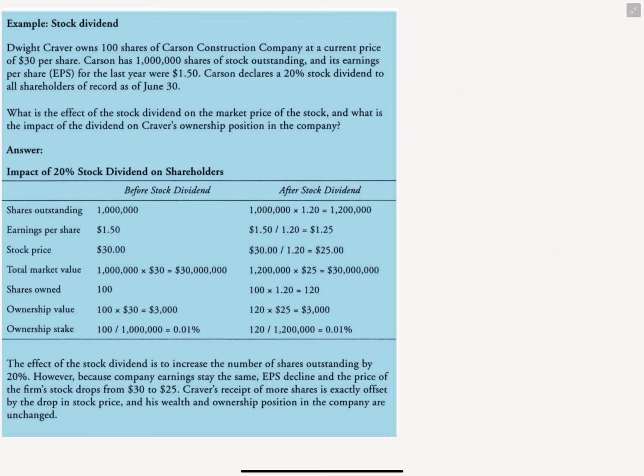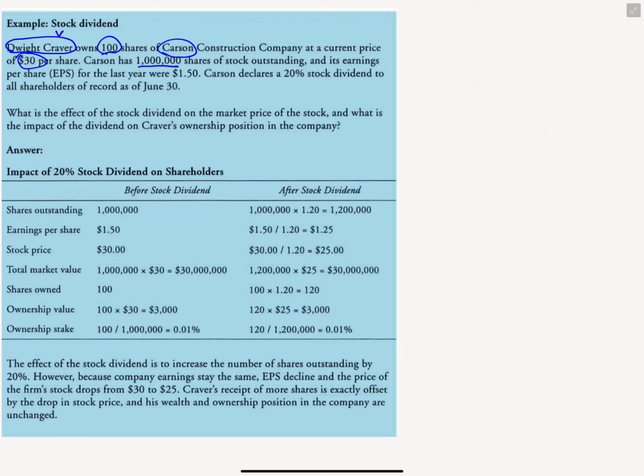In this example, it says that this company, Dwight Carver company, owns in its balance sheet 100 shares of Carson Construction Company at the current price of $30 per share. Carson Company has 1 million shares outstanding, and this Dwight company owns 100 shares out of 1 million shares.